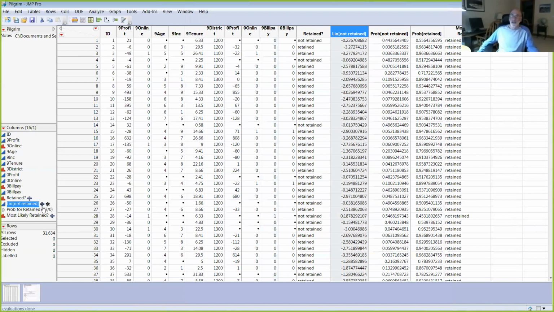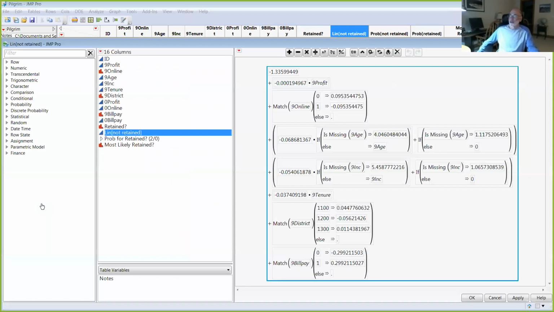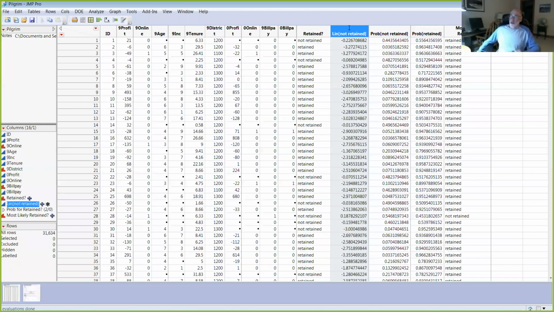It actually has a formula, and it's a little bit messy. What it's doing is estimating the logarithm of the odds ratio. That's the dependent variable in this analysis, and it's a linear function of those x variables. So you've got the coefficients in this formula. This is what drives the results.